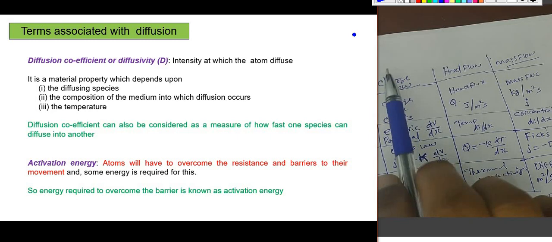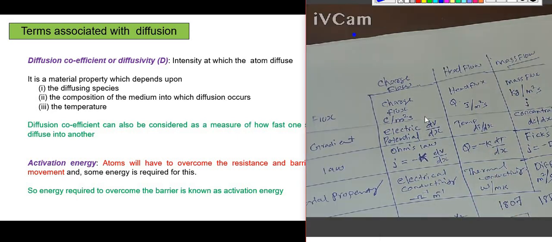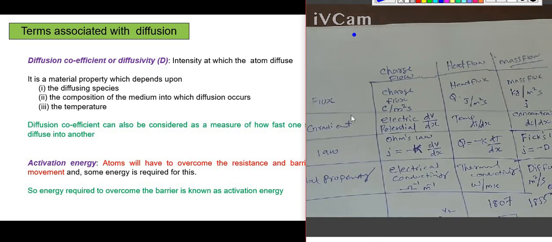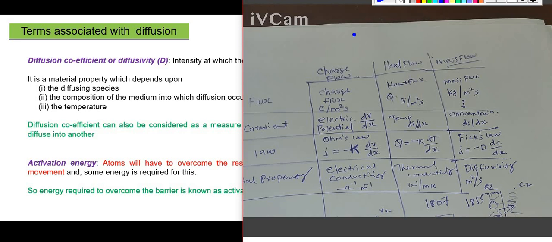So these three flows, the charge flow, heat flow, and mass flow, have a relation between them. In terms of flux, here we have charge flux, here heat flux, here mass flux.